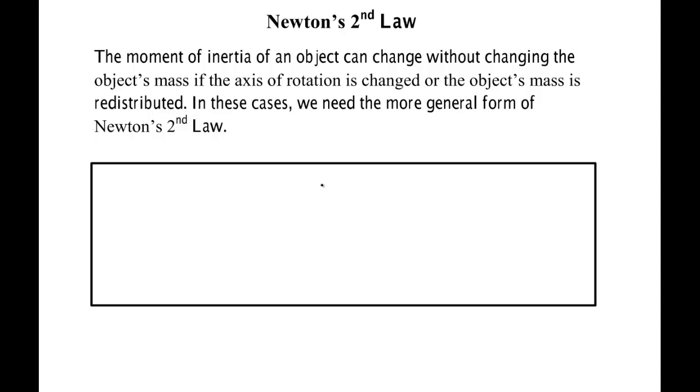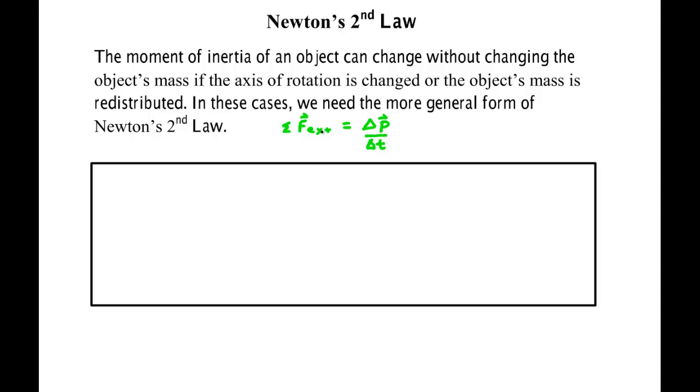So in the same way that when mass was changed, we needed to use the fact that the sum of the external forces was equal to delta P over delta T, or more precisely at the more advanced level, the limit as delta T goes to 0.